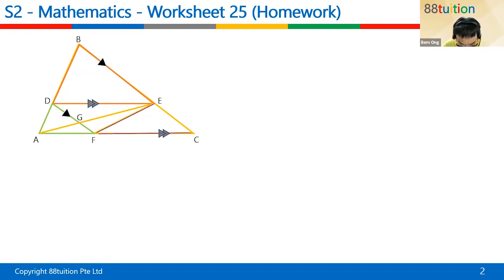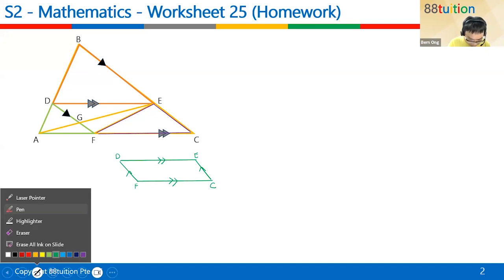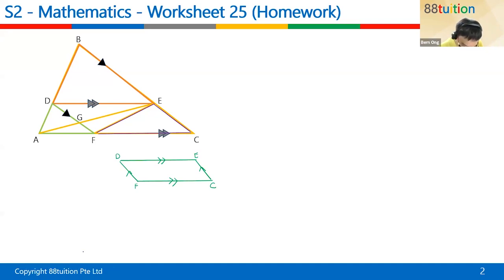Because of the two pairs of parallel lines, it makes this portion a parallelogram. So this is actually DEFC, and the question is talking about this triangle here, which is cut in between, triangle FCE.